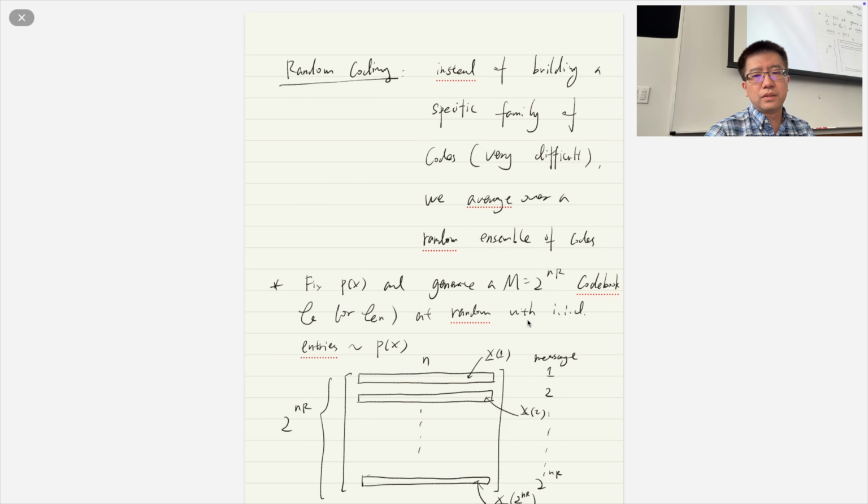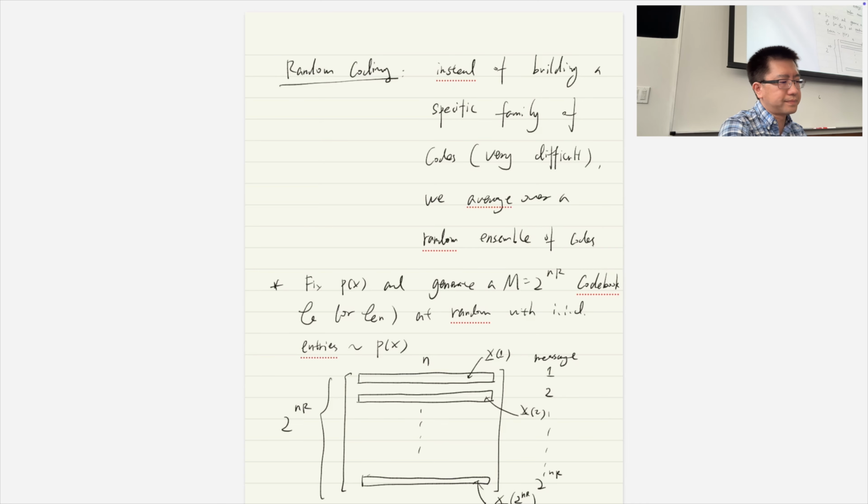We generate them in an IID fashion, which means that the length of each codeword is n, and each symbol is generated in an IID fashion. That's why it's called random coding.